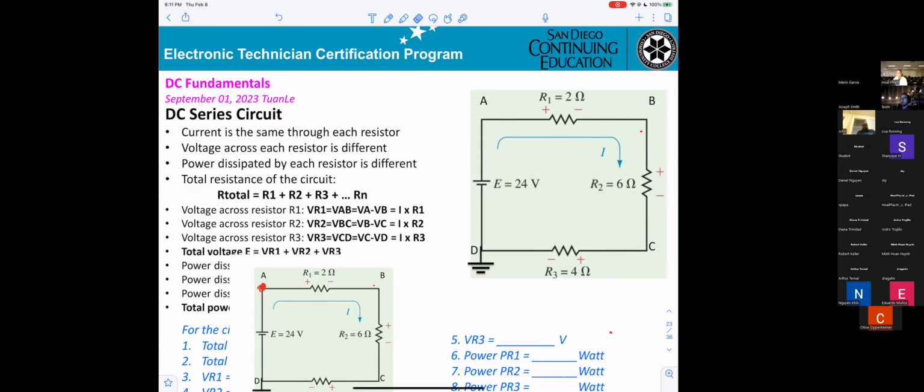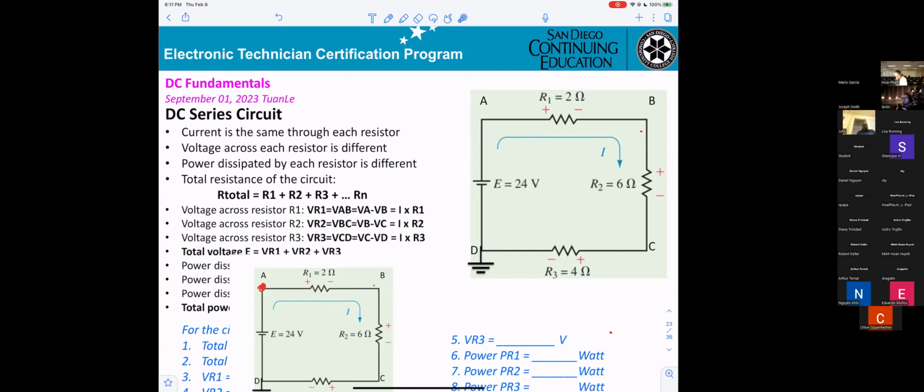Series means the resistors have the same current, only one current. You can see the current from here goes to R1, to R2, to R3. So that's why you know R1, R2, R3 are connected in series.